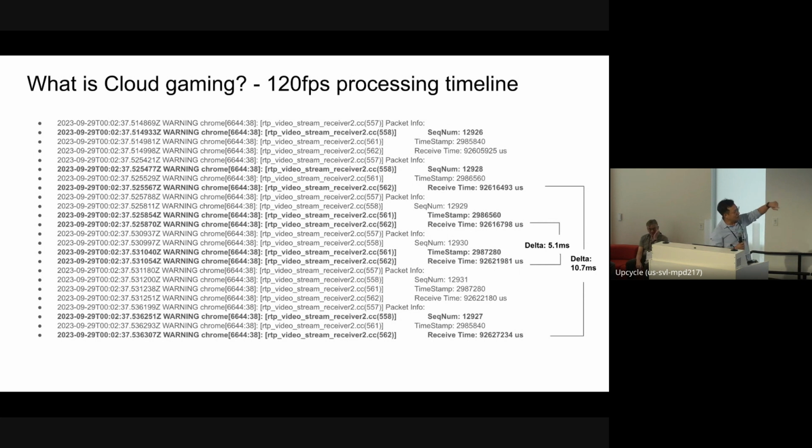Another big delta comes from missing packets and how soon they can be recovered. It's 10 milliseconds. This is measured on an actual device and actual network. So it's quite good in normal conditions.